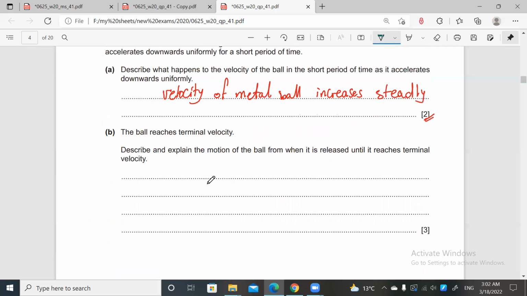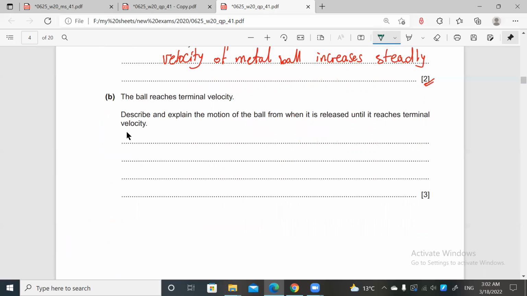But how can I write this answer in the question? I would say: at the beginning, or initially, the ball accelerates downwards.